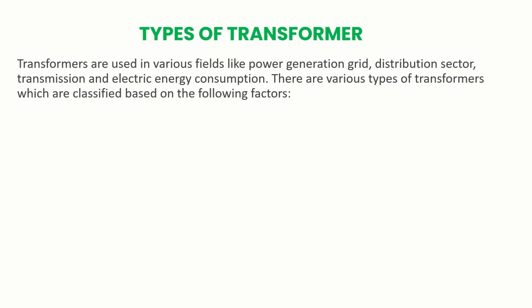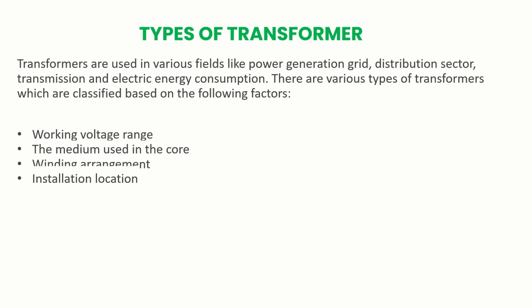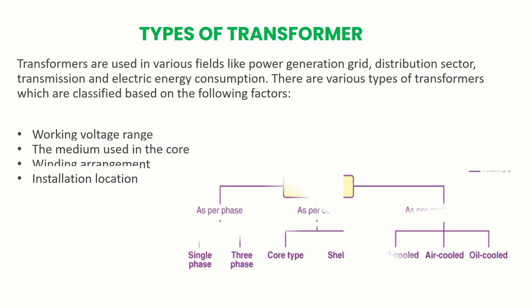Type of transformers. Transformers are used in various fields like power generation, distribution, transmission, electrical energy consumption, etc. There are various types of transformer. These are working in different ways, like working voltage range like 66 kV, 33 kV, 11 kV, or 132 kV, or 220 kV, 440 volt, like this.